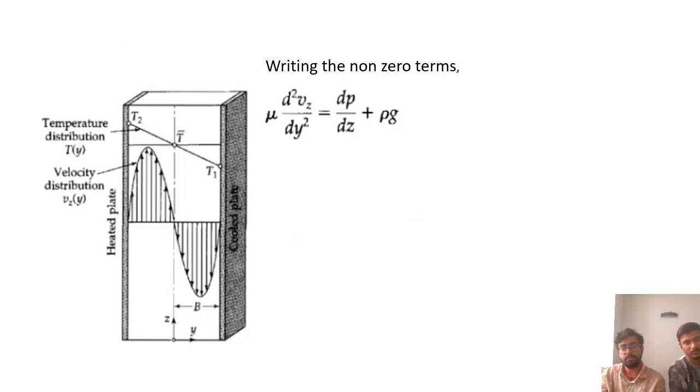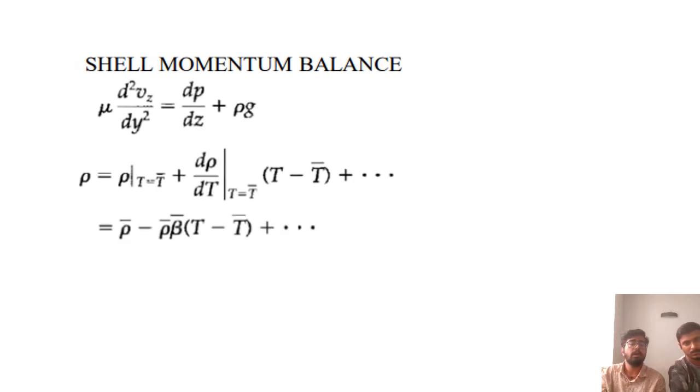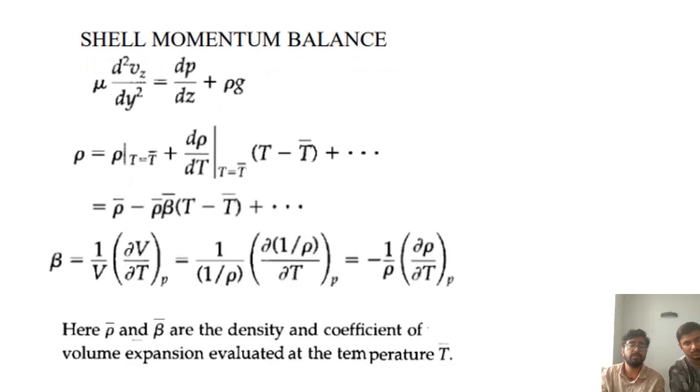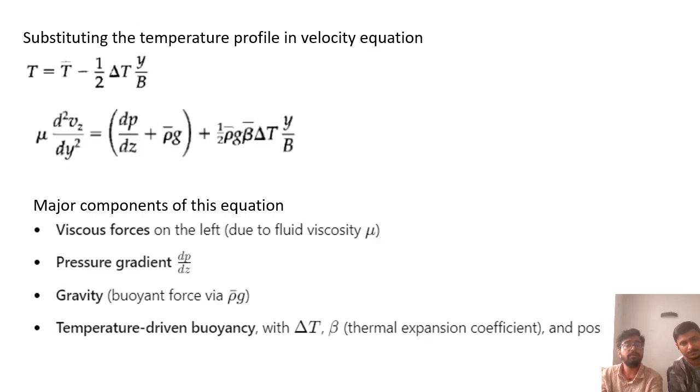Now rho we have to substitute, so we use the Taylor series expansion to substitute rho, and again we use the coefficient of volume expansion term to calculate this. And after that, we got how v is dependent on y, how v is a function of y. Here we got v as a function of the length in the y direction.